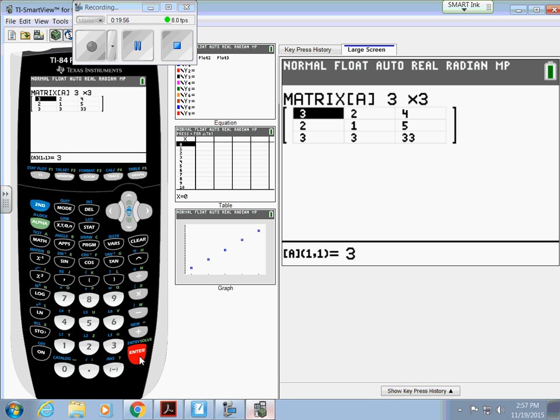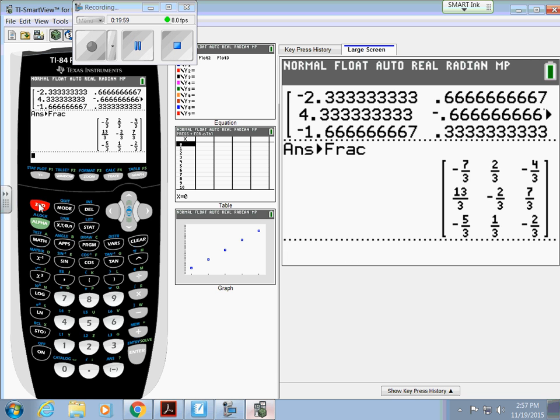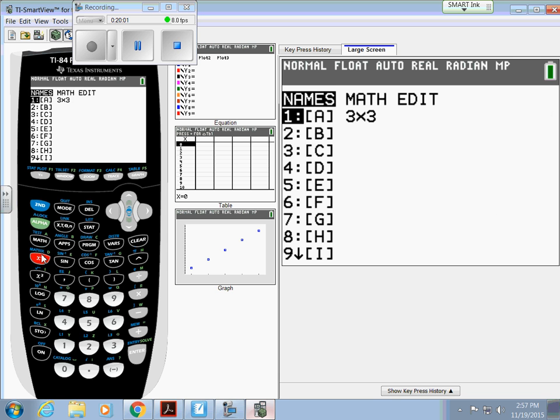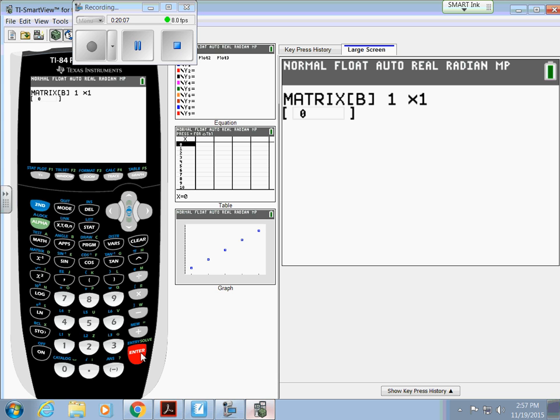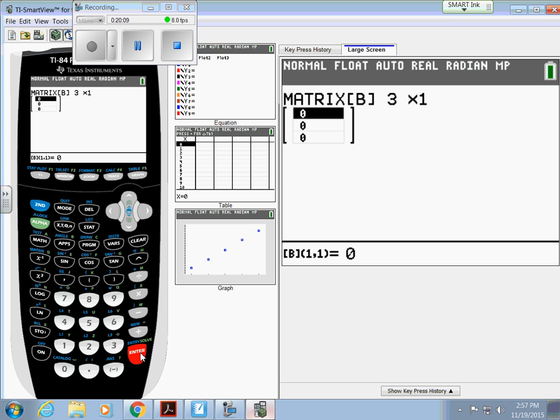All right. Then we're going to go to our matrix. We're going to go over to edit again. Now we're going to go down to B, and we're going to put the other one in. And that's a 3 by 1 matrix.